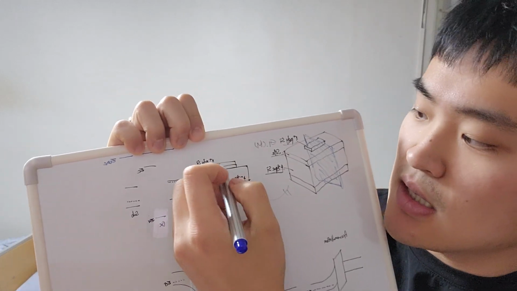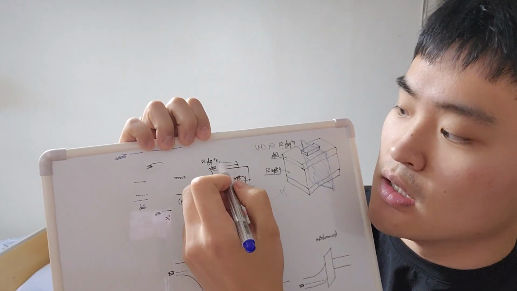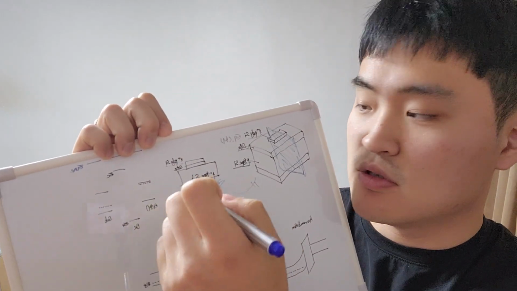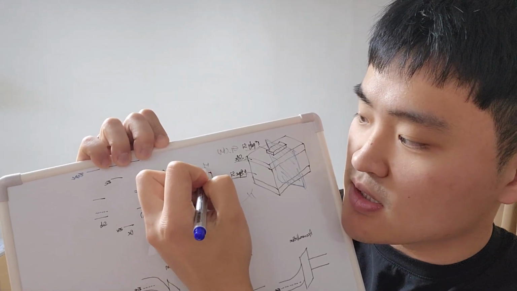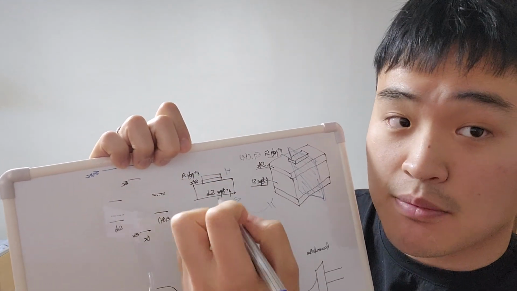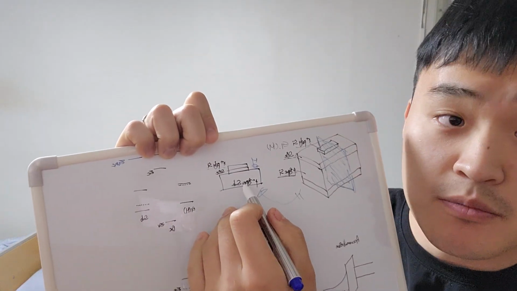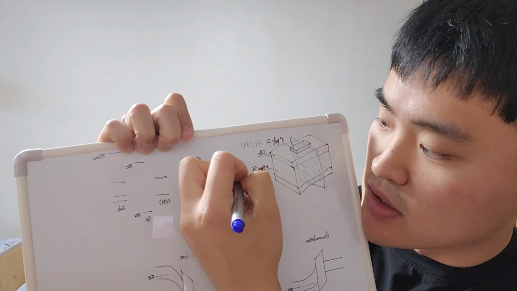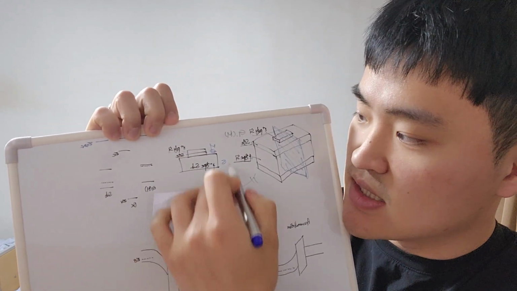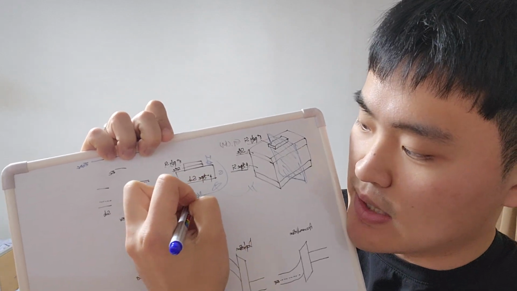As I said before, the top is n-plus polysilicon, but we usually use metal, so we call this part M. The second layer is the oxide part, so we call it O. The third part is the substrate, so we call it S. We usually call this layer structure a MOS structure.